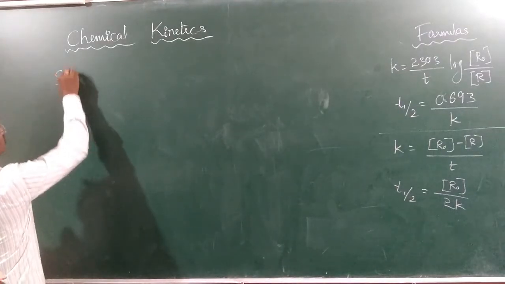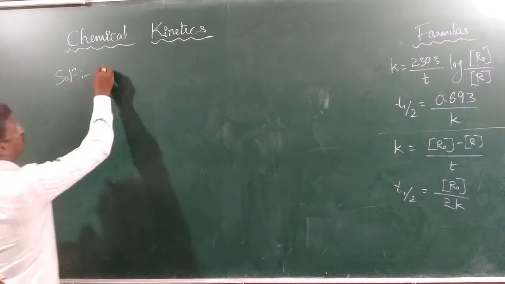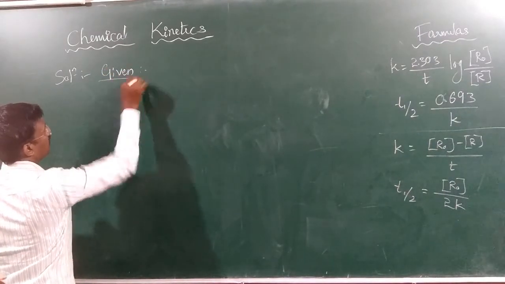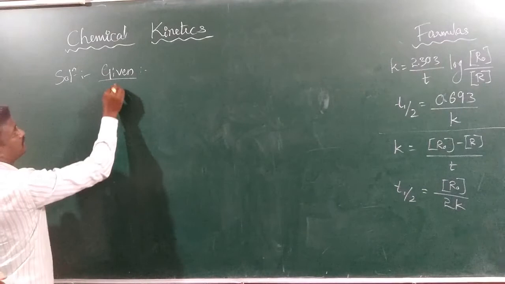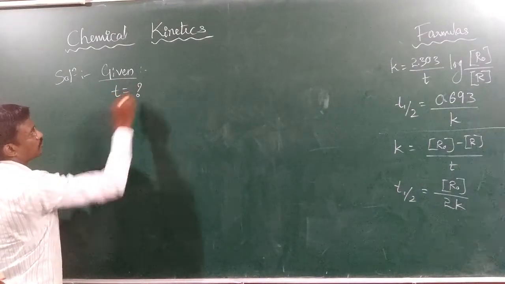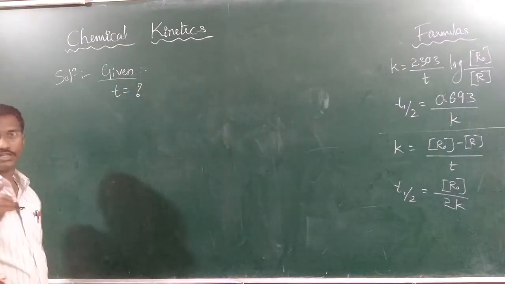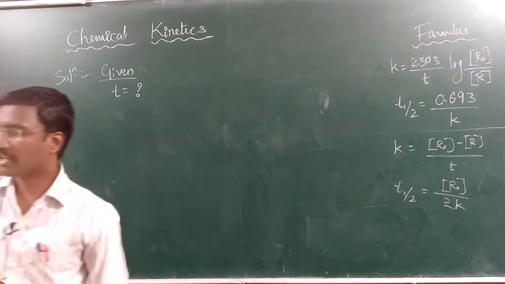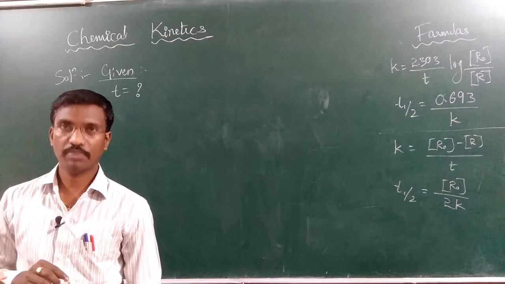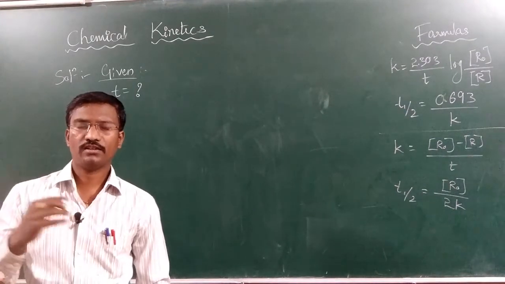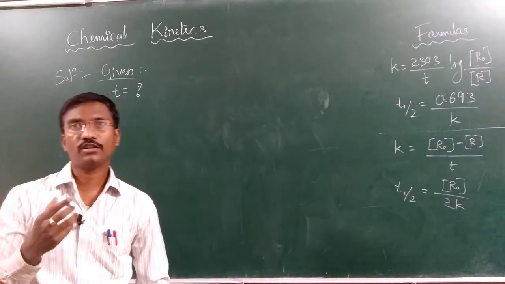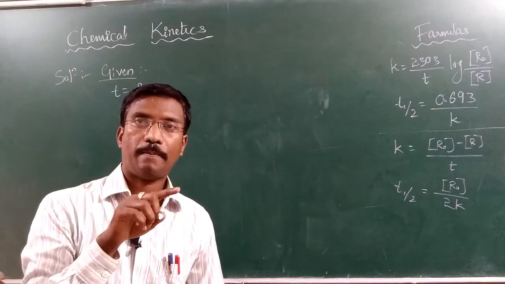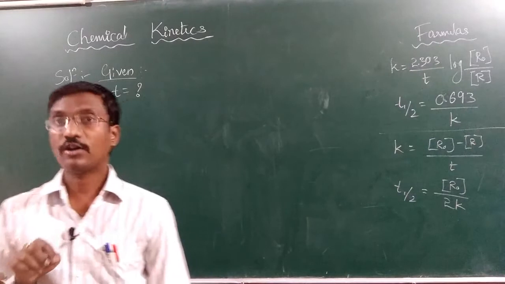Solution for the first one. Given data: t is the question mark, we have to calculate t. And they have mentioned it is a first order reaction, which is why the rate constant K has the SI unit per second. Most of you were somewhere disturbed or not able to understand some of the numerical problems on the order of the reactions.